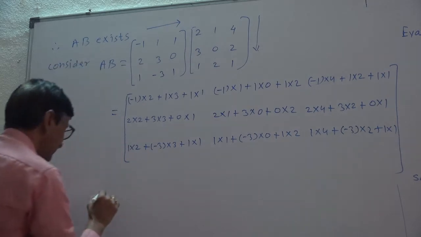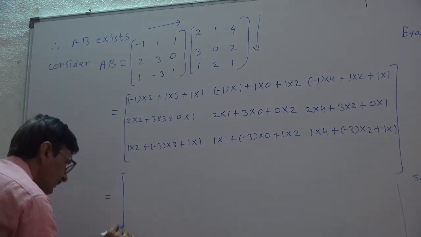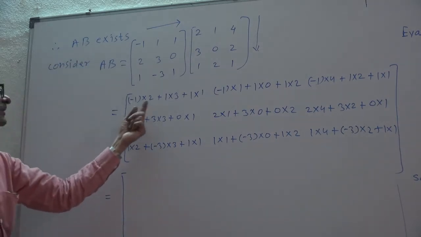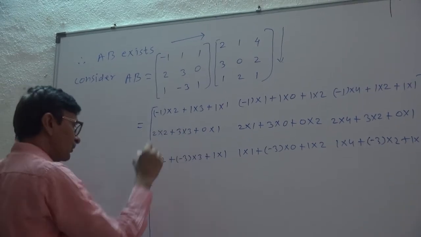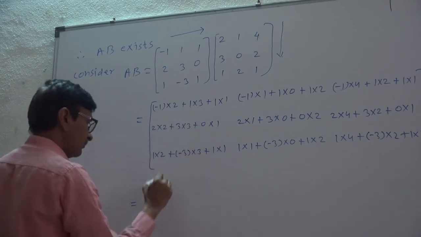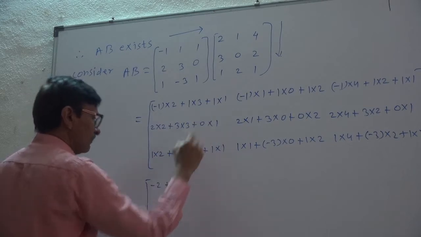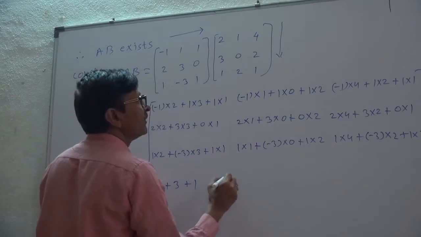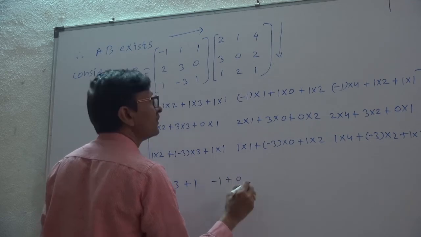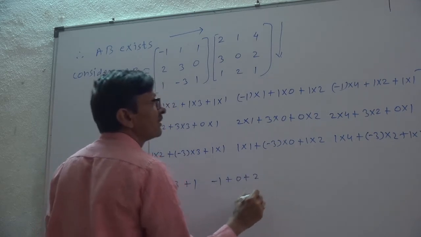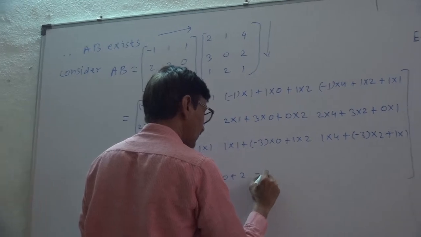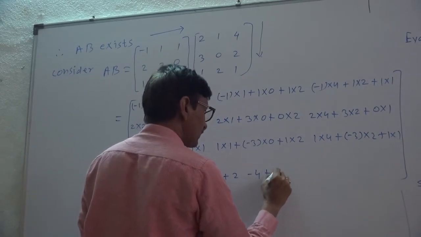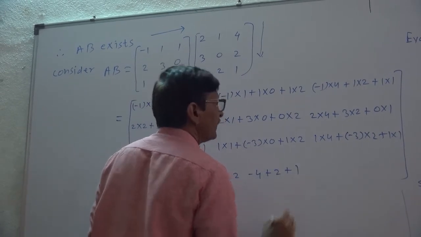So therefore it is equal to, now what is the product? -1 into 2, -2 plus 3 plus 1, then -1 plus 0 plus 2, -4 plus 2 plus 1.